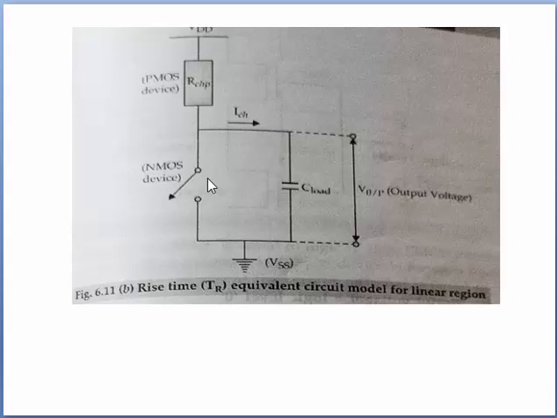But the output voltage is less than the drain voltage, that is the power supply voltage VDD. So this is the condition for the non-saturated linear region: the output is greater than the threshold voltage magnitude VTHP, but less than VDD, the power supply voltage.